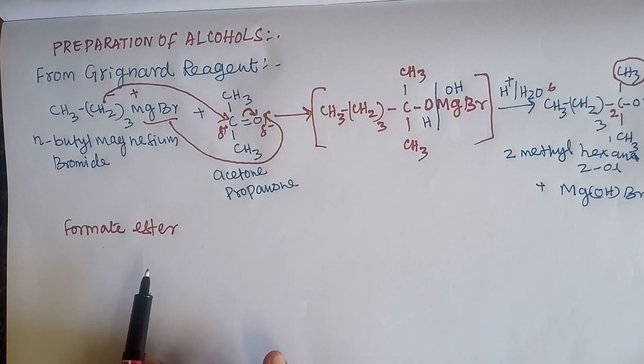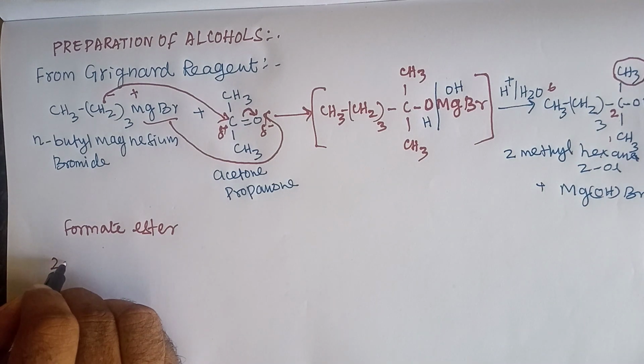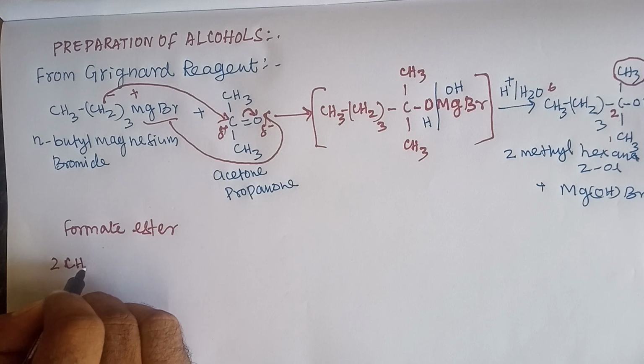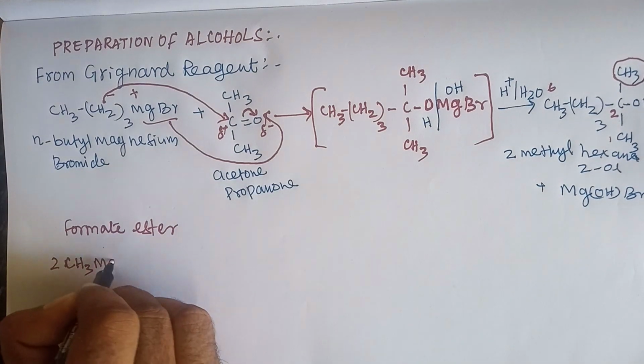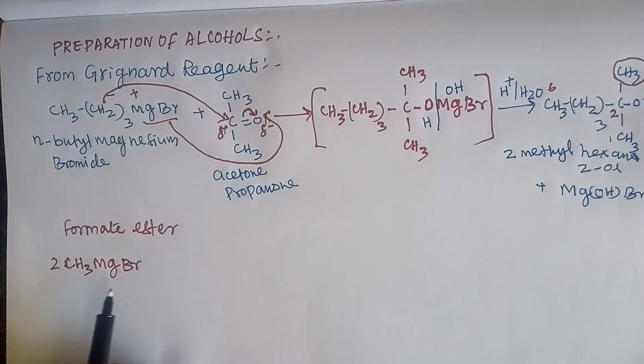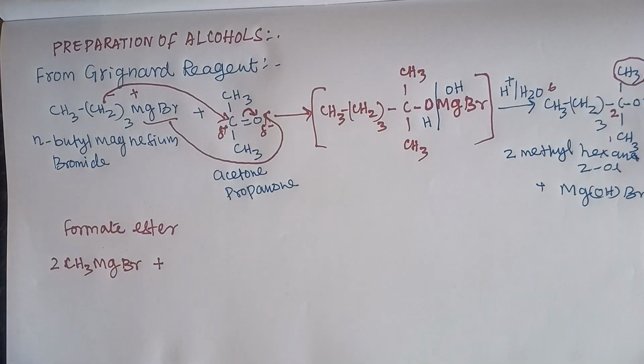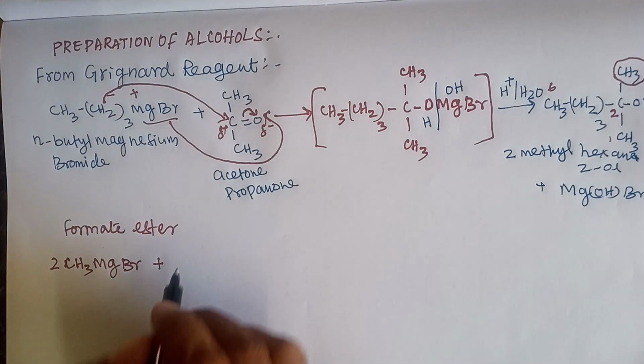From formate ester, we can prepare secondary alcohol with the identical alkyl group. Here, for this, we are taking 2 moles of methyl magnesium bromide. It reacts with ethyl ethanoate.